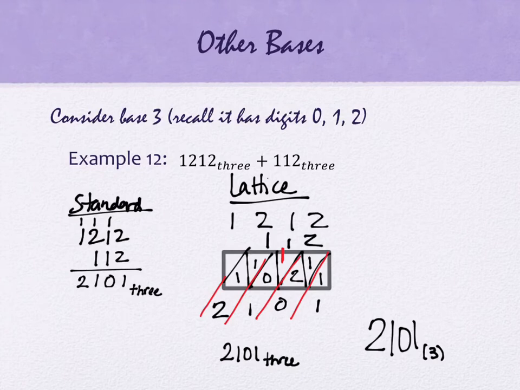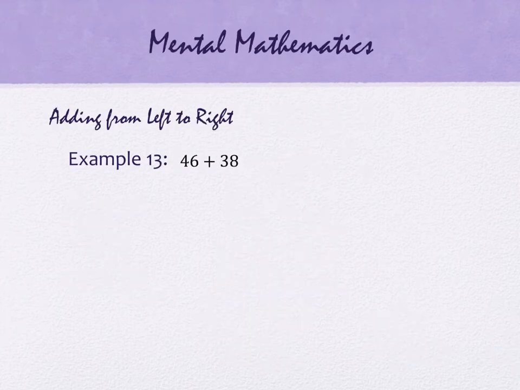All right, I want to look at a few strategies for mental math. We talked about adding from left to right before, and this is another place where we see that idea.